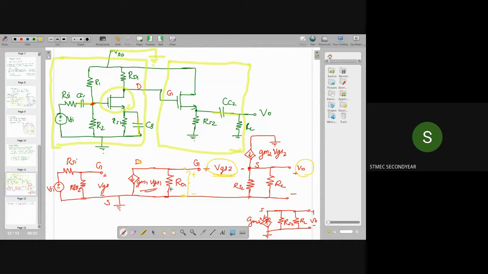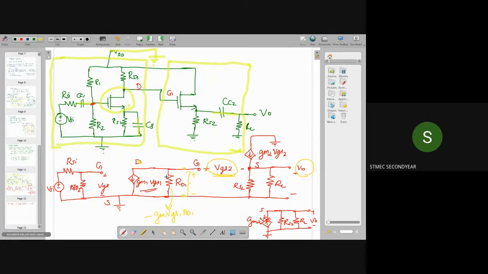It will be equal to current into resistance, or we can say minus gm1 into VGS1 into RD1, right?